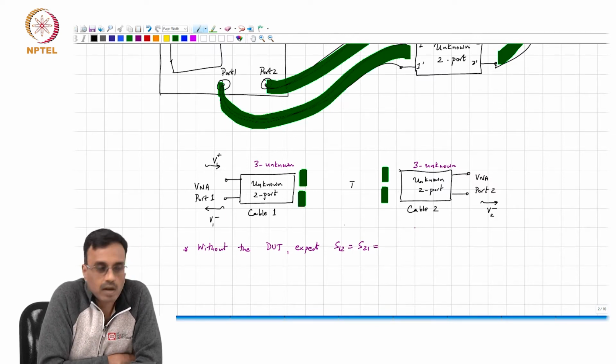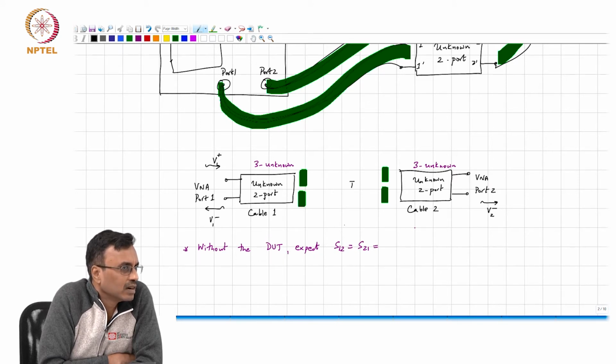So what would you expect to see for S12 when you measure S12 and S21? Zero. Why is this so difficult? Is this clear or no? Somebody said S12 times S21. How did you get that? What, connecting both? There is nothing in the middle, right?